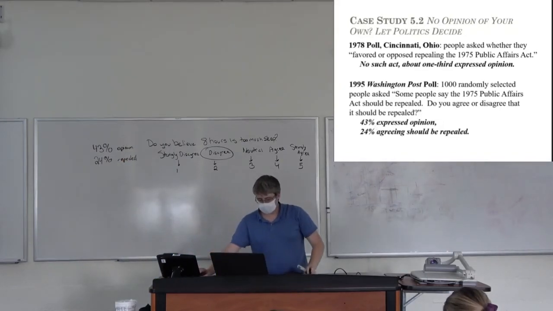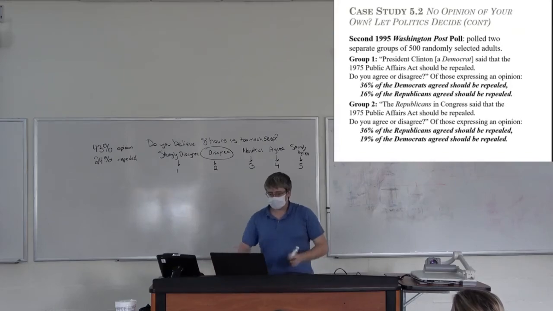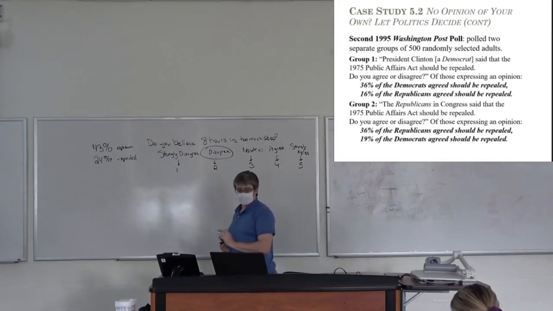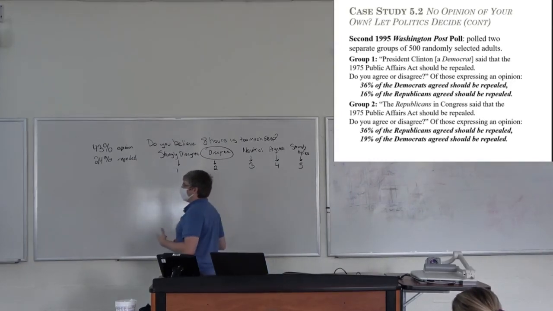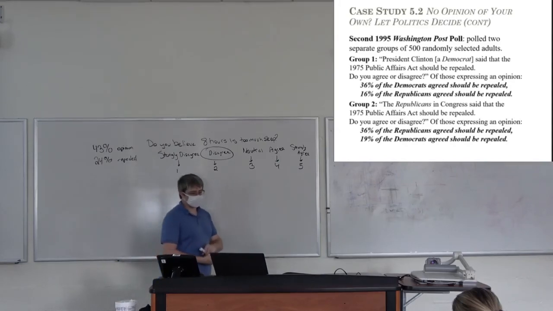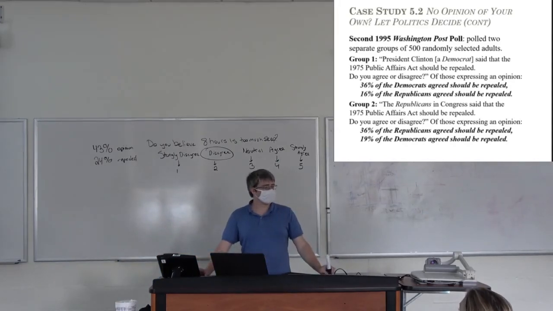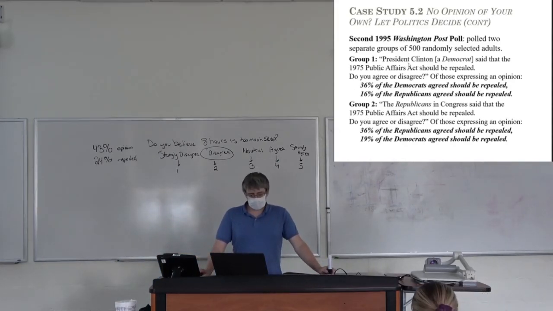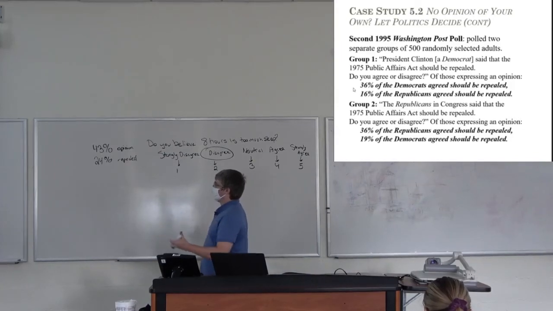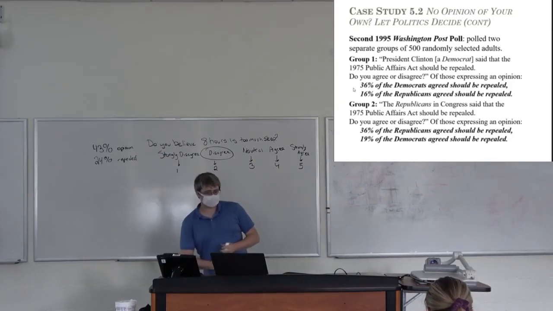Another poll later asked two separate groups of 500 randomly selected adults, and they found politics at play. When politics is involved, people tend to be more motivated to answer. So while a Democrat thinks it should be repealed, of course more Democrats are going to align with their political beliefs about an act that doesn't exist.